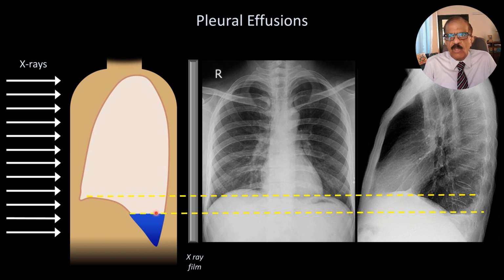So this is only to emphasize that the lateral film is more sensitive. If you suspect pleural effusion and the PA film has not shown it, you could either go for an ultrasound or a lateral film on that side, and that might show the fluid. On the lateral film, 50 ml of fluid is enough to show pleural effusion, and on the PA film you need 100 ml.